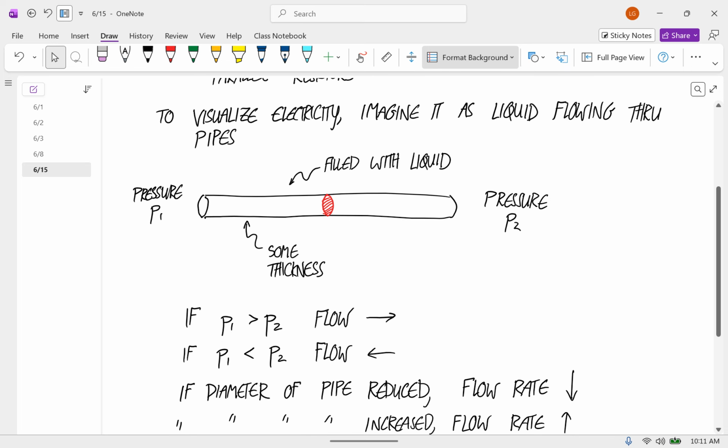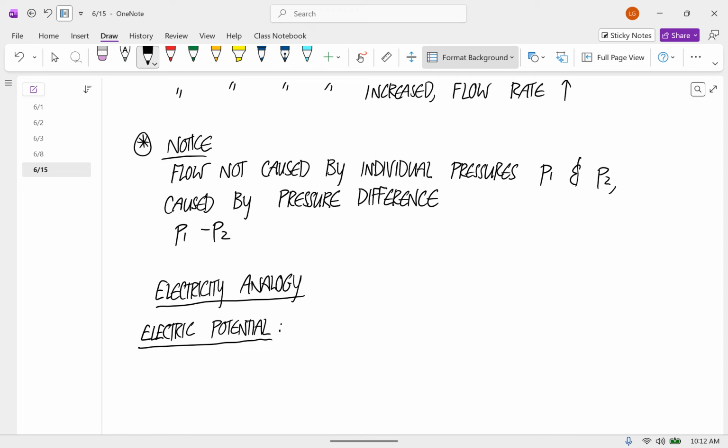So the first electrical quantity I'm going to bring up is electric potential. And electric potential is equivalent to the individual pressures, P1 and P2.